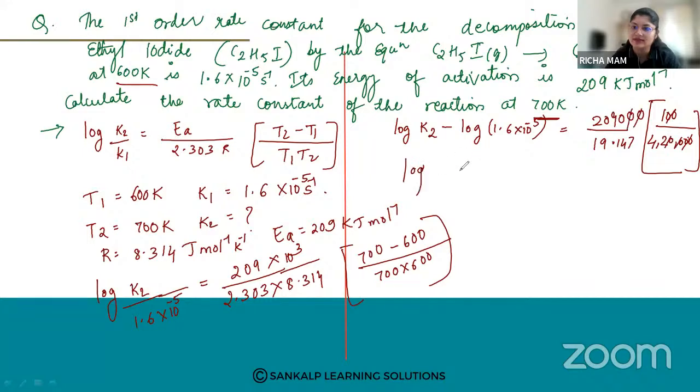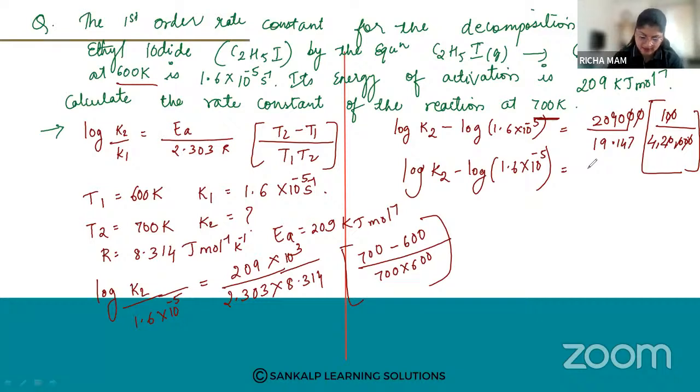So log of K2 minus log of 1.6 into 10 raised to minus 5 is equals to this.